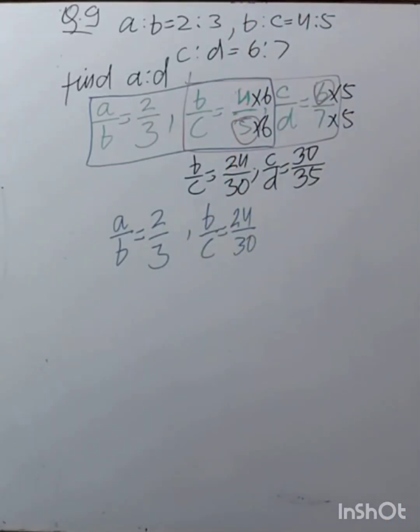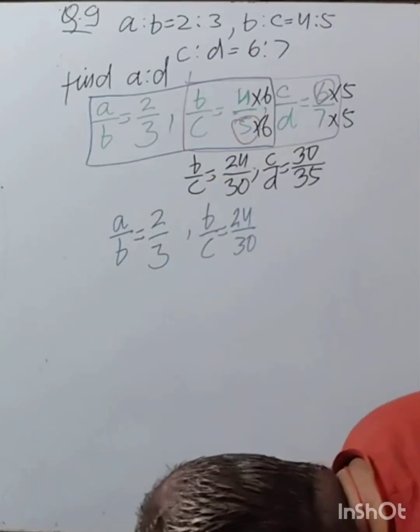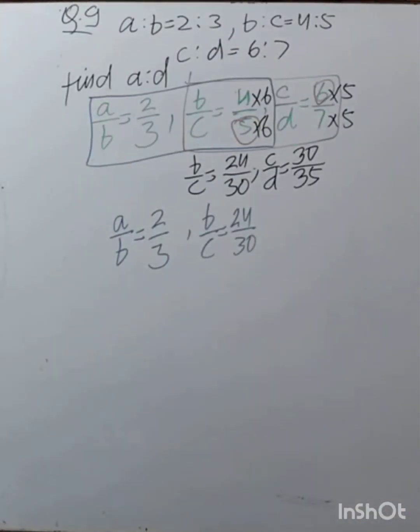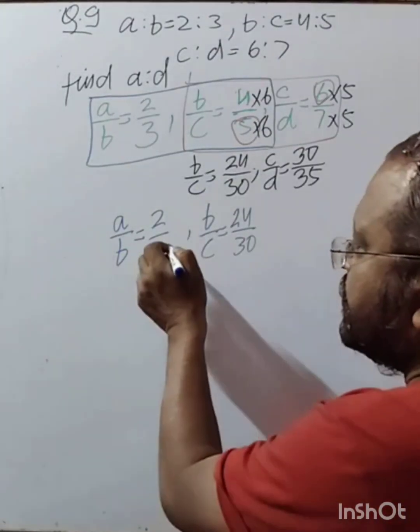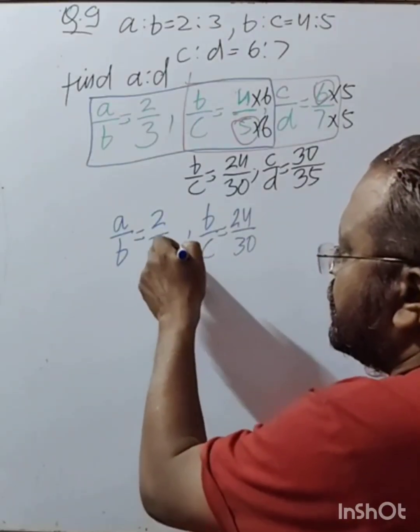By which number must we multiply so that the B becomes 24? You can multiply by 8.